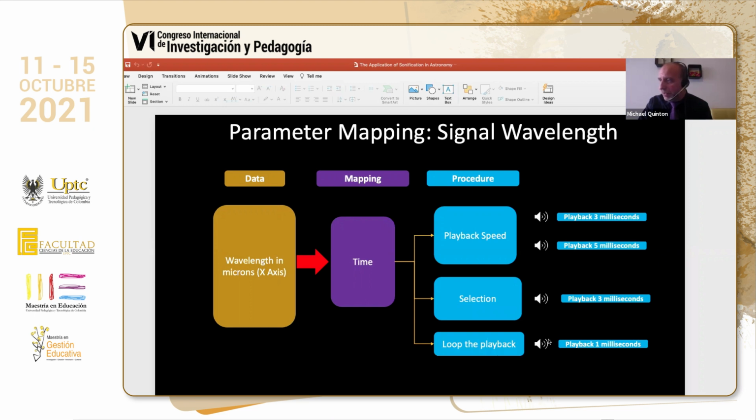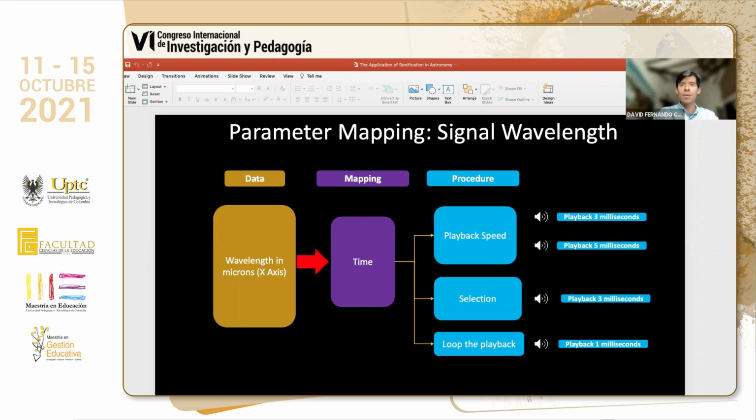There's a 1 millisecond playback speed there. So there you're hearing it repeatedly, and you can confirm whether or not that peak is of interest or not. Yeah, there we're just looping that small peak, which was of his interest.